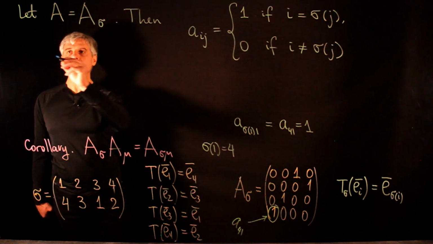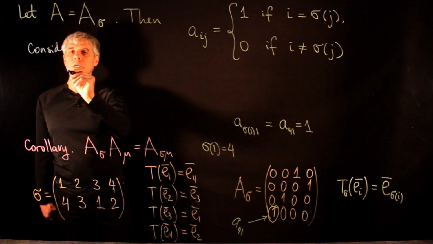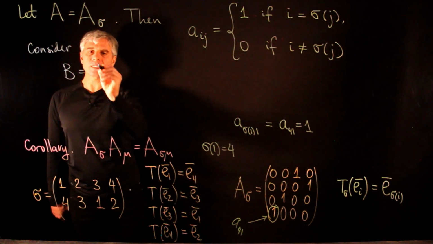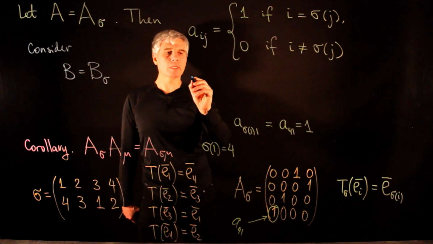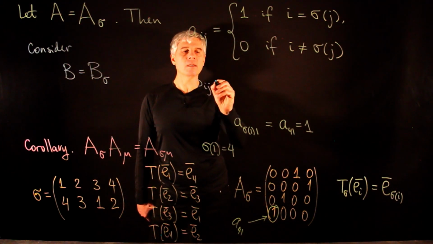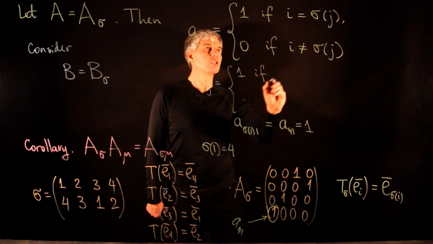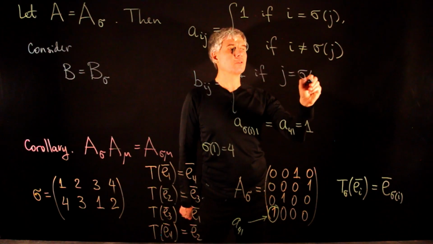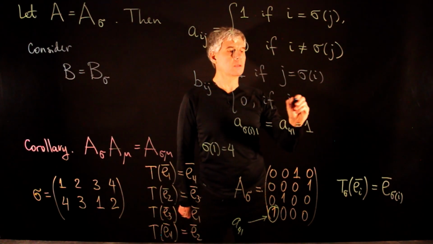For a given permutation sigma, let us also consider a matrix B, or B sigma, given by the following formula. So we can say that b_ij is equal to 1 if j is equal to sigma of i, and 0 otherwise.